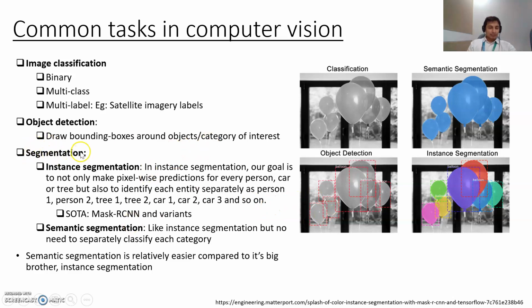The third is segmentation. Segmentation is very important. In fact, let's talk a bit more about object detection first. Object detection is very important in the context of autonomous vehicles. If you're building an autonomous vehicle, you definitely want to identify what the items on the street are, things like trees, cars, pedestrians.